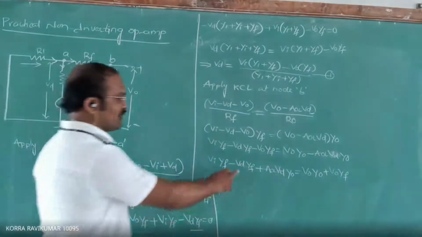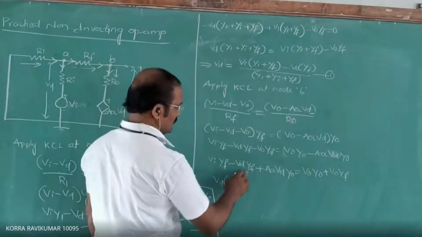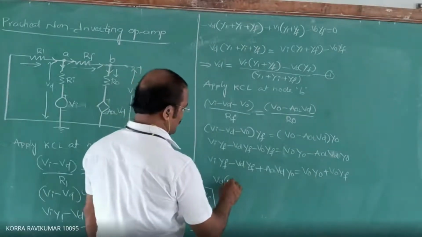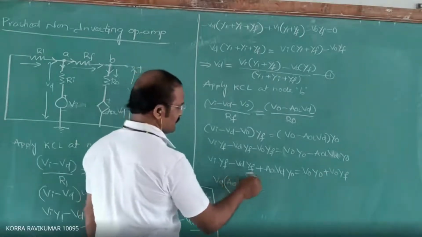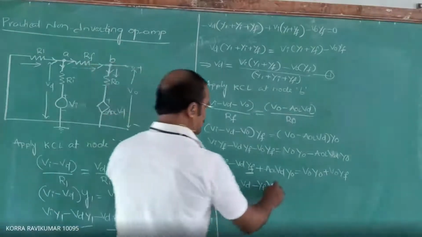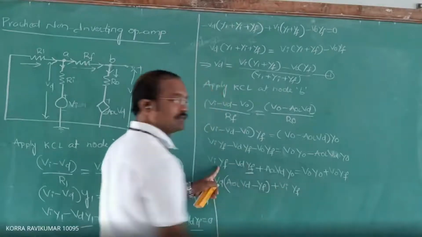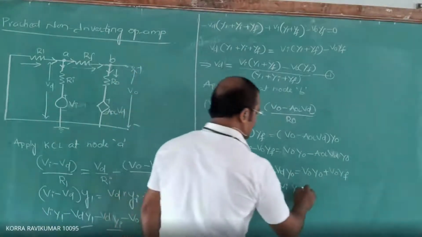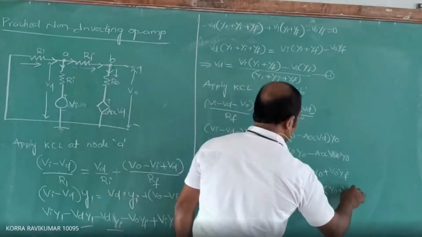Now take Vd common here. So Vd of AOL Y naught minus Yf, plus Vi into Yf, which is equal to, taking V naught common, V naught of Y naught plus Yf.